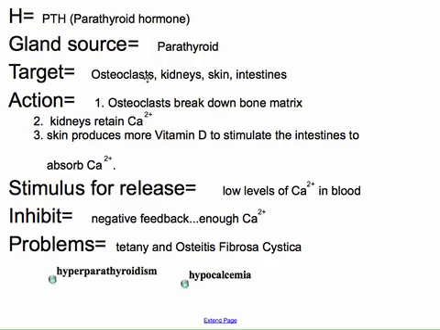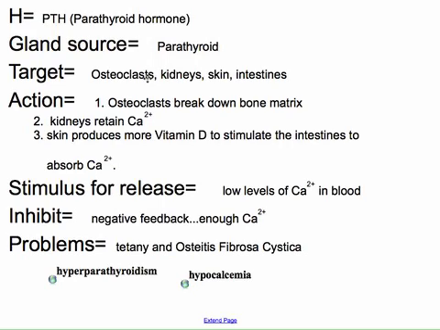It also triggers your kidneys to keep calcium rather than releasing it into your urine, and also increases the production of vitamin D so that way your intestines can absorb more calcium. So again, the reason why parathyroid hormone would be released is because your parathyroid glands are picking up the fact that you have low levels of calcium in the blood.